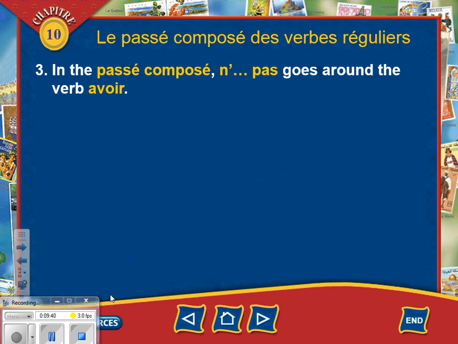All right, what do we do in the negation? Well, that's what we saw when we reviewed avoir. Our n apostrophe and pas go around the verb avoir, and the past participle comes after the pas. Tu n'as pas regardé la télé? You haven't watched the television?